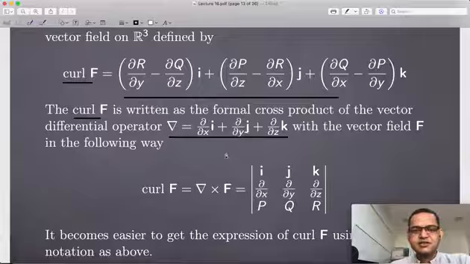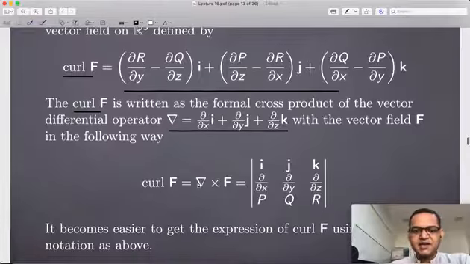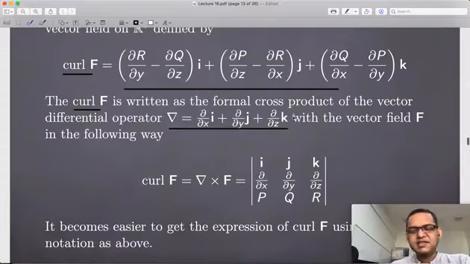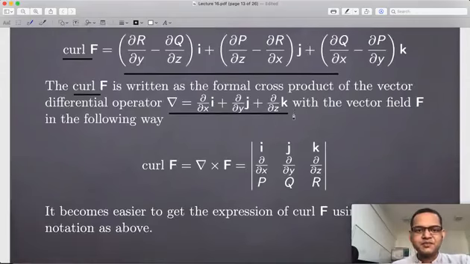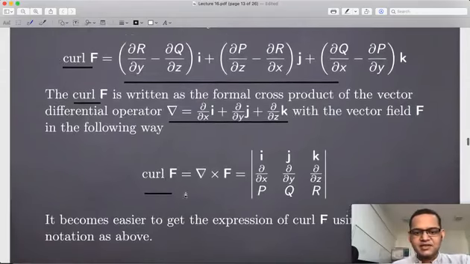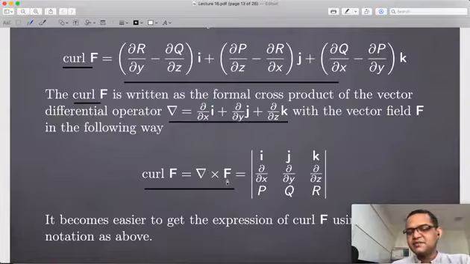So this is called the vector differential operator. And how does one act on something? Basically, there are formal rules, such as if I want to take the dot product of this with something. The definition of curl is nothing but the formal cross product of this vector operator with the vector field.